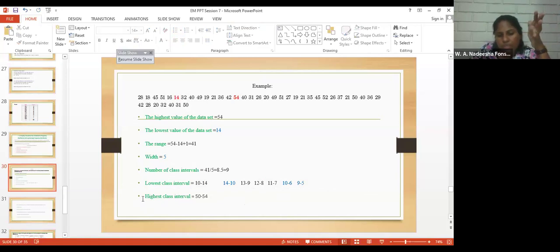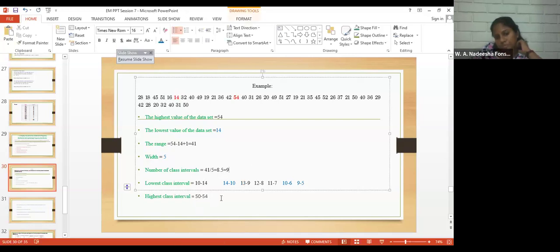So no need to define the highest class interval. When you start from 10 to 14 and go on defining 9 class intervals, the ending one is 50 to 54. Therefore, no need to find the highest class interval here.